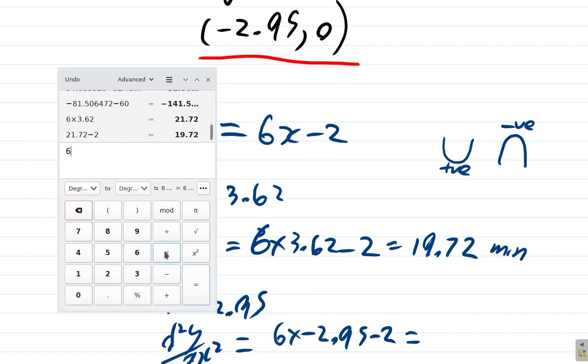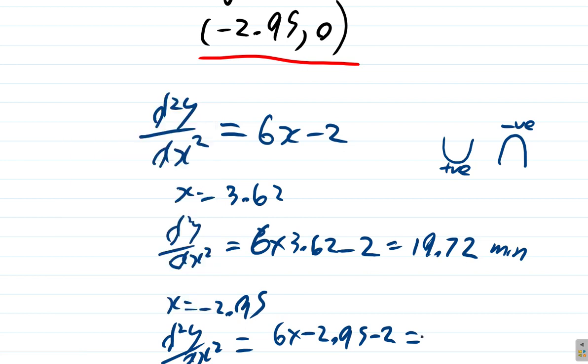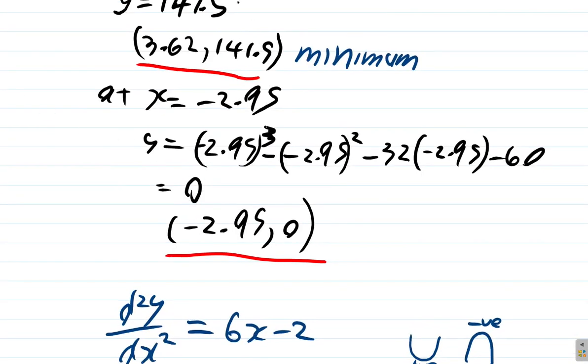So we have 6 times negative 2.95 minus 2 equals negative 19.7. You can see it's a maximum point. So this is maximum.